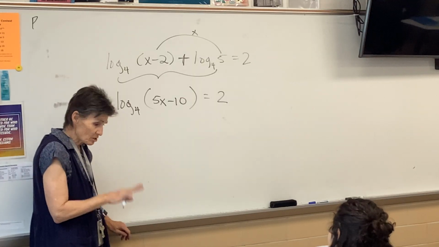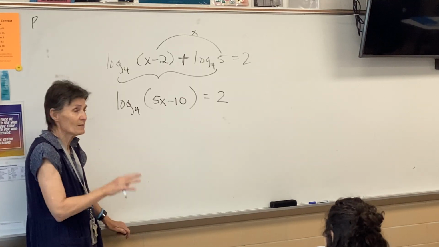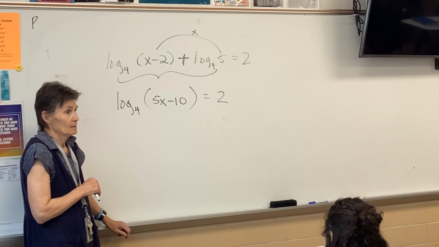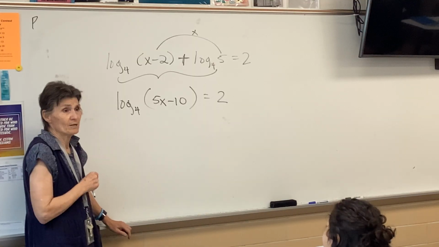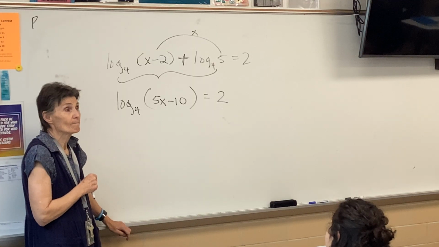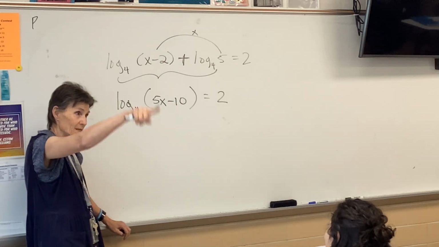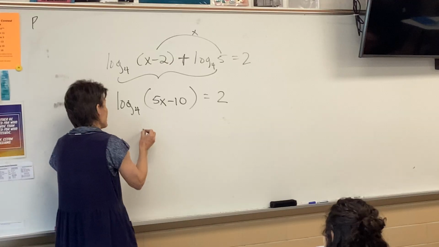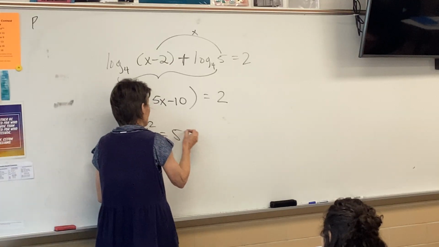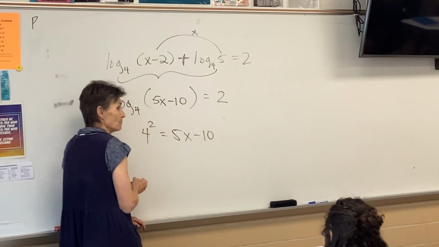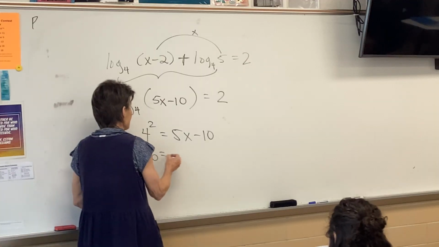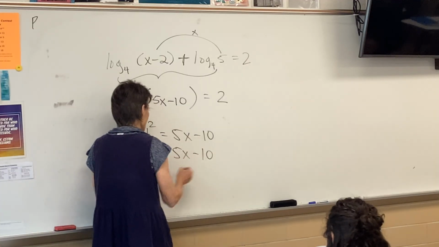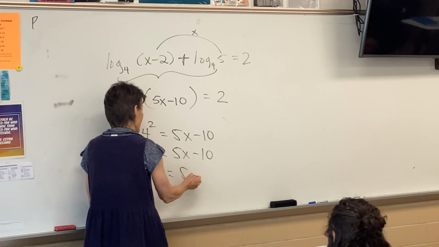We already did this. This is review. Now what do I do? Loop-de-loop. That's exactly right, Mike. Loop-de-loop. So 4 to the second equals 5x minus 10. 16 equals 5x minus 10. 26 equals 5x.